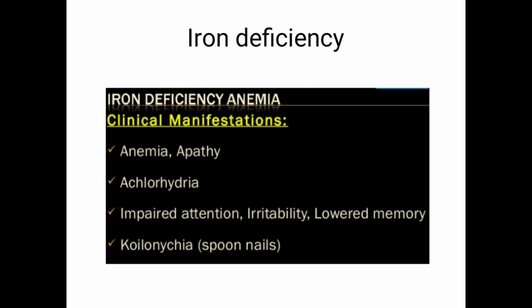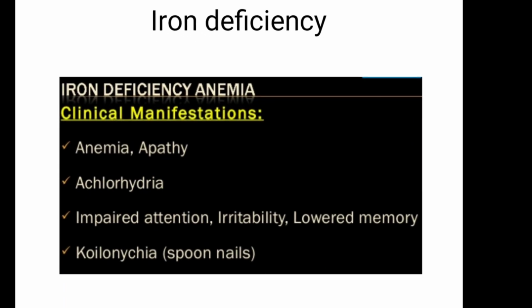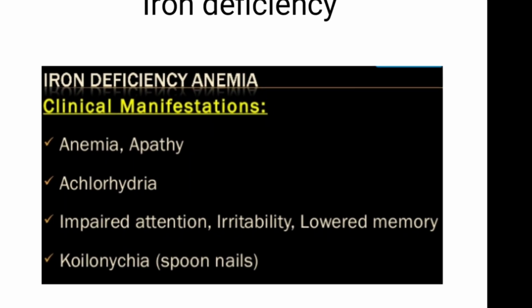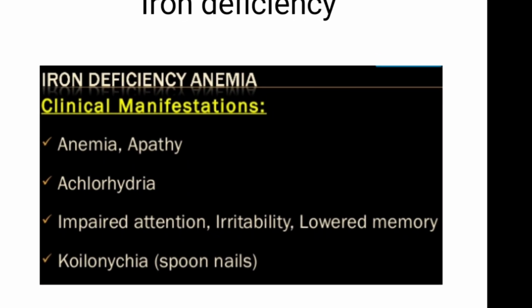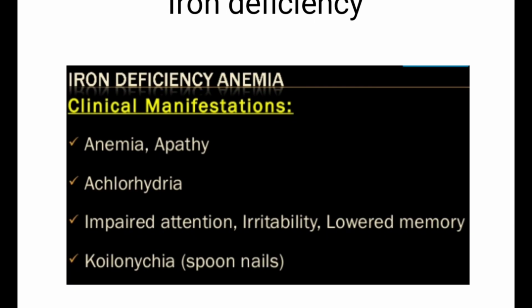So iron deficiency anemia, clinical manifestations: anemia is there, hemoglobin is less, then apathy, achlorhydria, impaired attention, irritability, lowered memory, sometimes confusion.